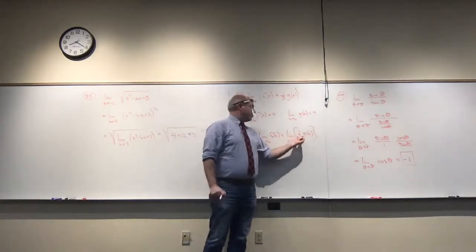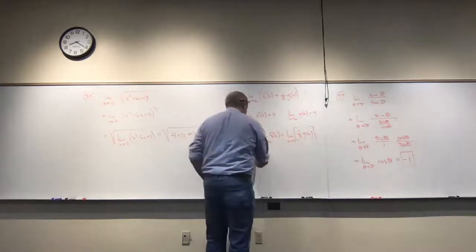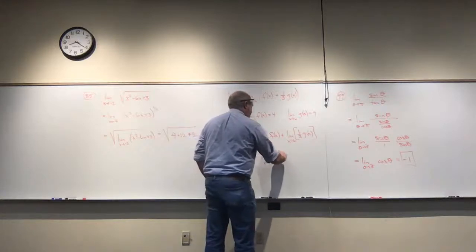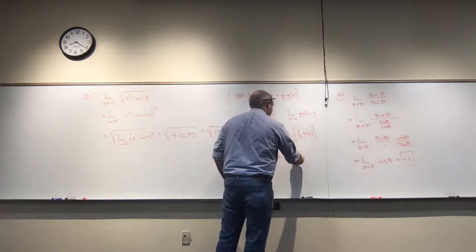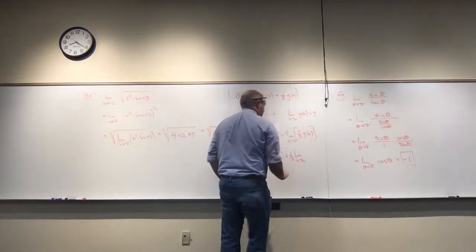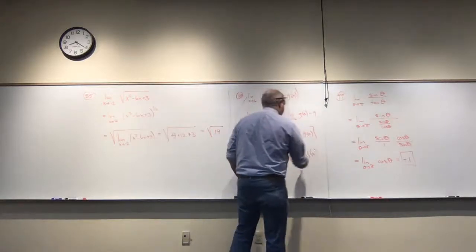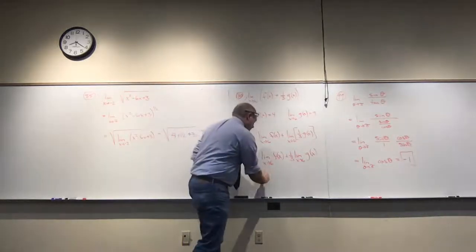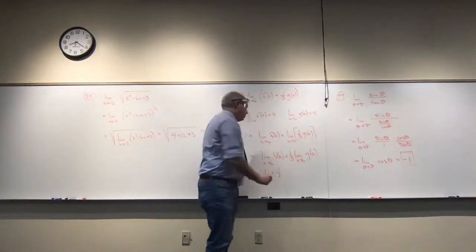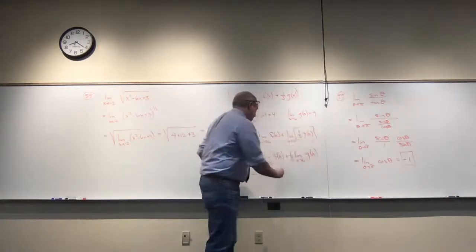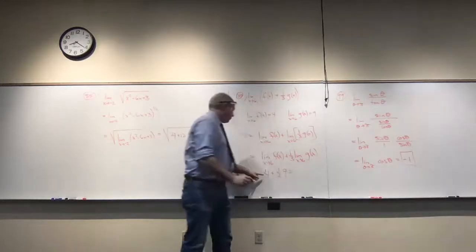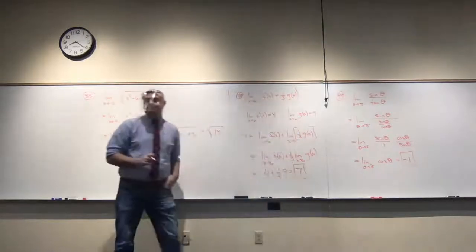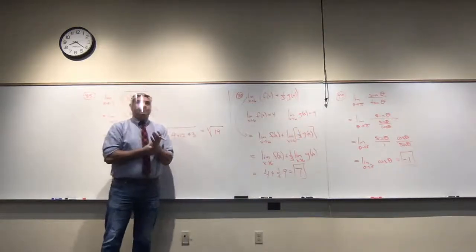So the 1/3 can move outside of the limit, and we can write this as the limit as x goes to 6 of f of x plus 1/3 times the limit as x goes to 6 of g of x. This one we know is 4 plus 1/3, and this one we know is 9. And so we get 4 plus 3, 7. Sound good?